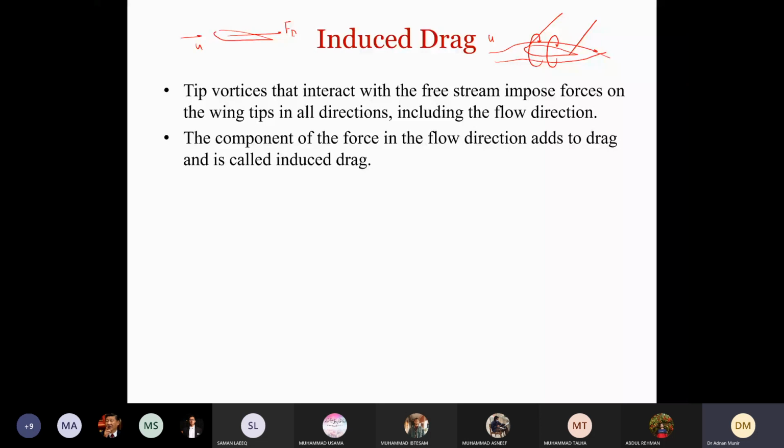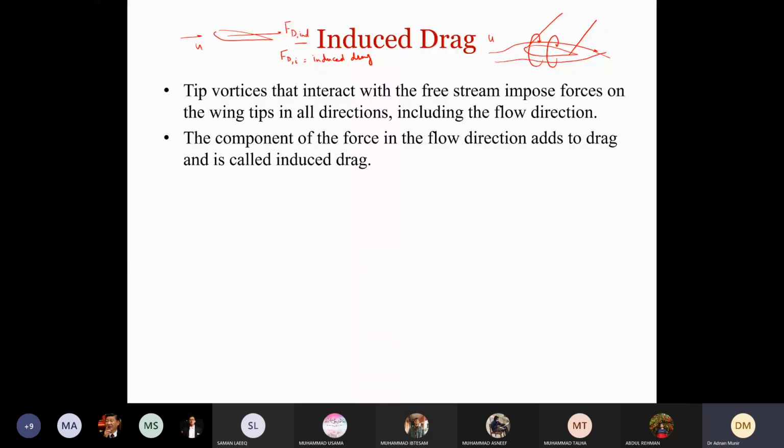The force in the incoming flow direction is called drag force, right? So the drag force that is induced because of this tip effect is called induced drag, F D induced, or we just denote it by F D I. This is induced drag. Now there are two types of drag.